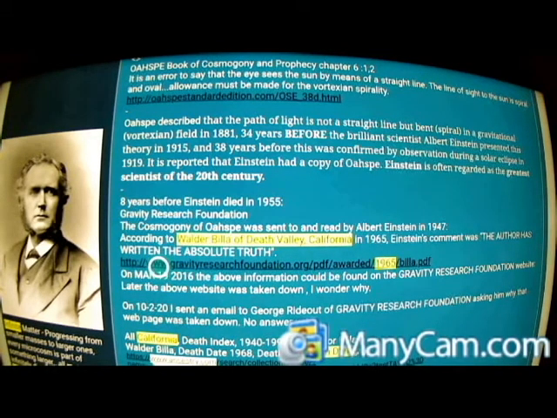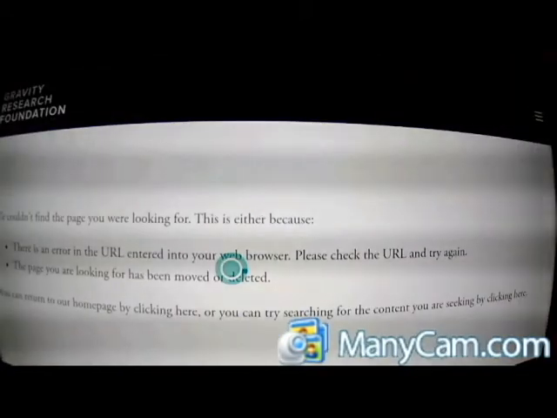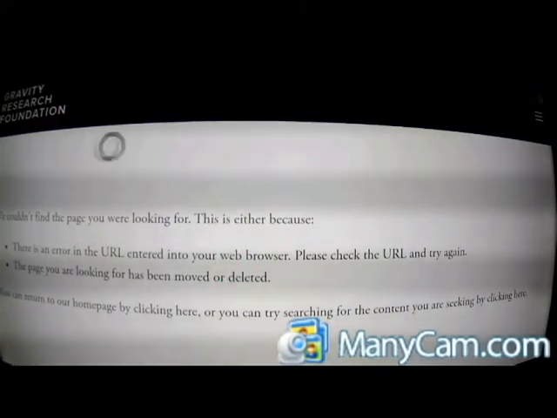And I originally found that on this website right here, gravityresearch.org/pdf//1965/Billa or Bia.pdf. But when I clicked on it today, years later, it says it right there.